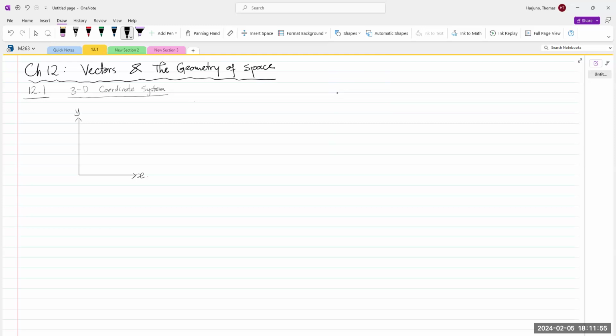Then the z axis will be coming to us, out from the paper, from that xy plane.